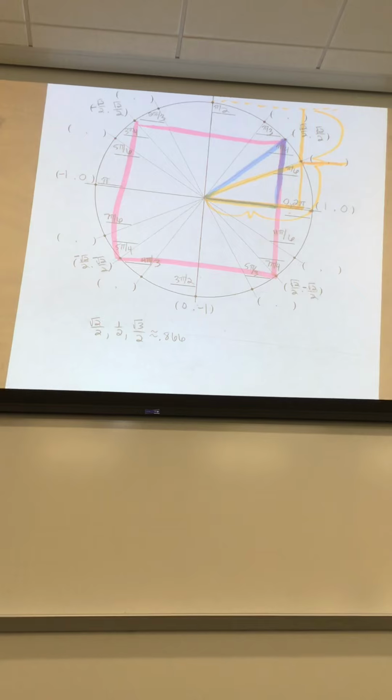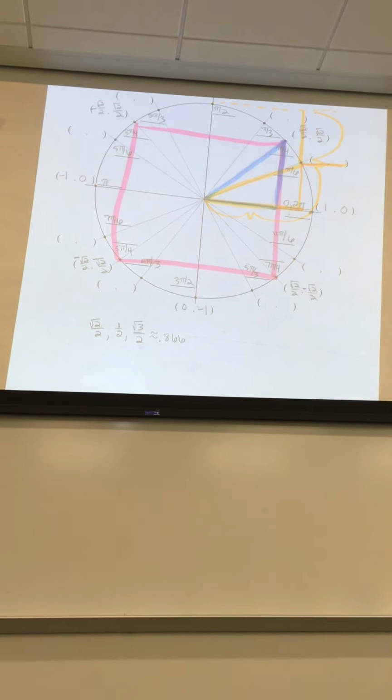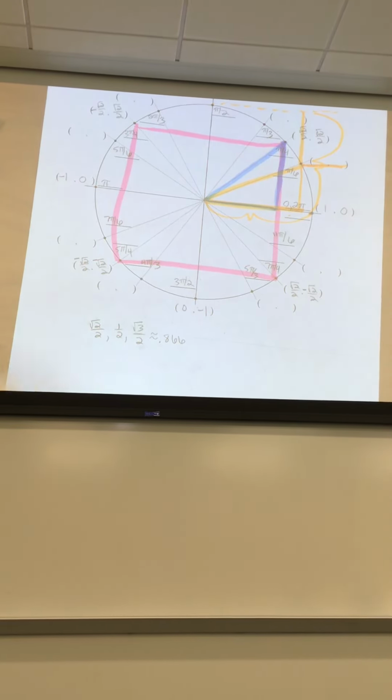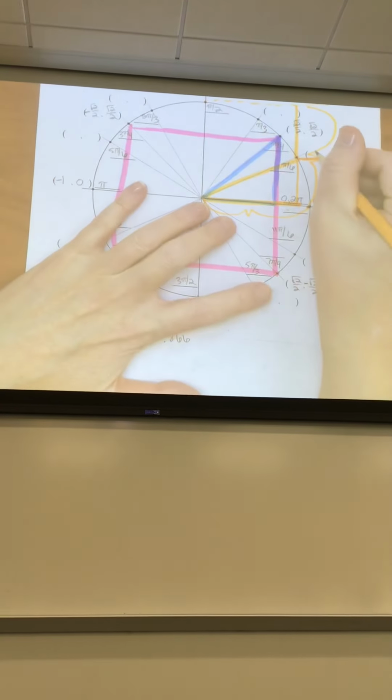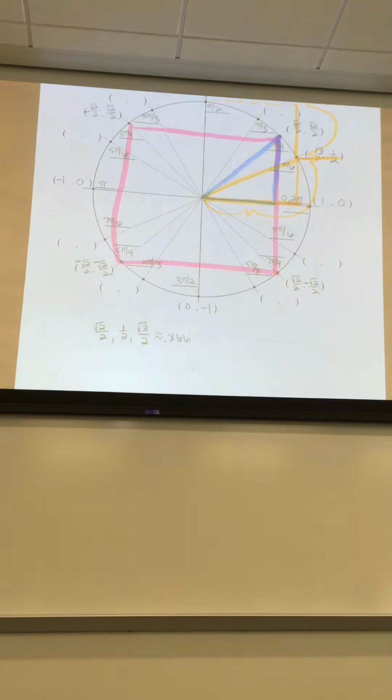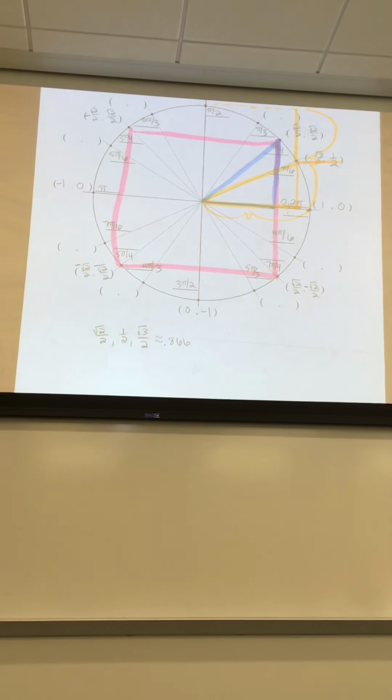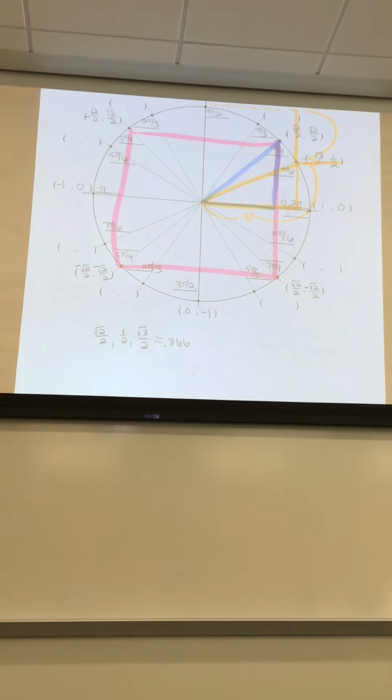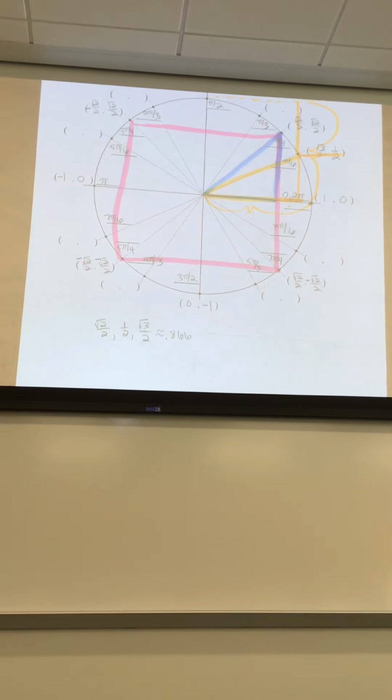So in the y direction, I got the 1/2. So my coordinates for π/6 are going to be square root of 3/2, comma 1/2. That's going to be true for all the over 6s.